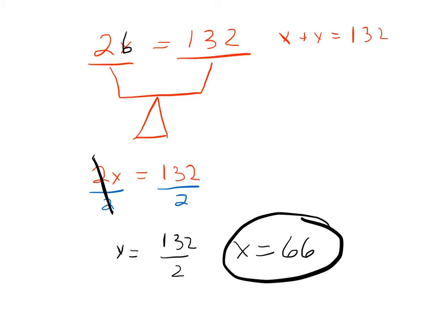So now I can go back in here and say 2 times 66 equals 132. This equation is now balanced. It's now balanced because I did the opposite of multiplication over here. I divided by 2, and then I had to do the same over here to be fair and equal. Divided by 2 there. So x equals 66.